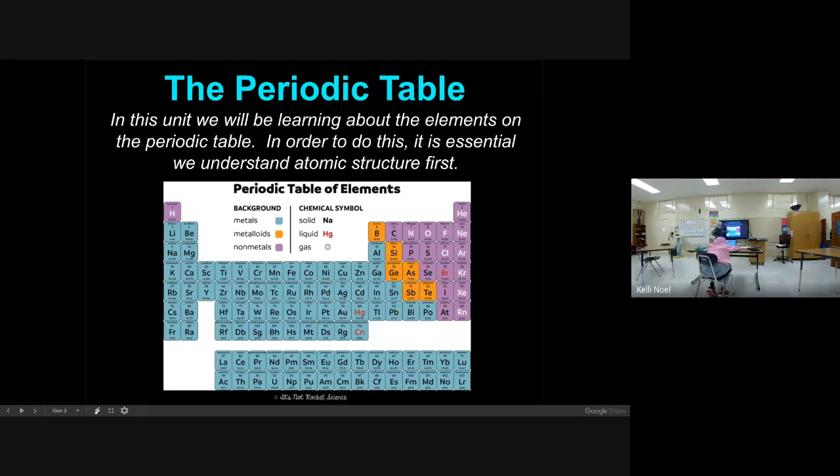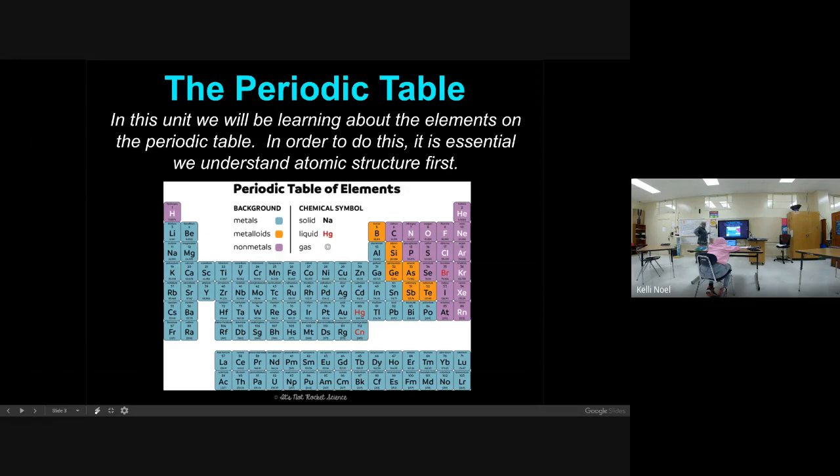If it's light blue, it's a metal. If it's orange, it's a metalloid. If it's purple, it's a non-metal. If its symbol is written in black, it is a solid. If it is written in red, it is a liquid. And if it is white writing, it is a gas at room temperature.